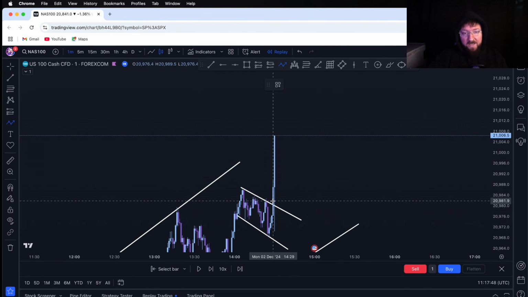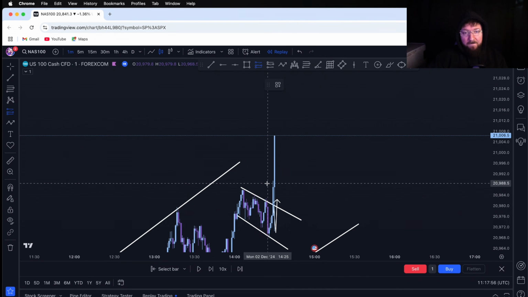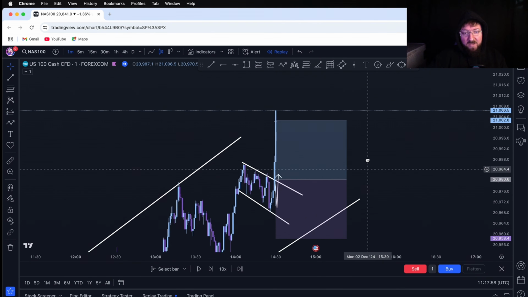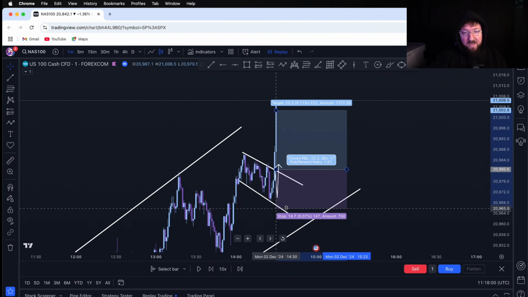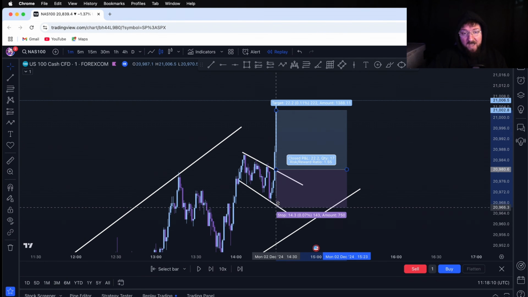So it came down initially on the open, didn't break the channel, but as soon as it came back up and it broke out of this channel, you're entering. You're just entering on breakouts. And this is where your sniper entries could have been absolutely as tight as you want them to be. Below the candle body, or below the candle wicks, or below actual structure.